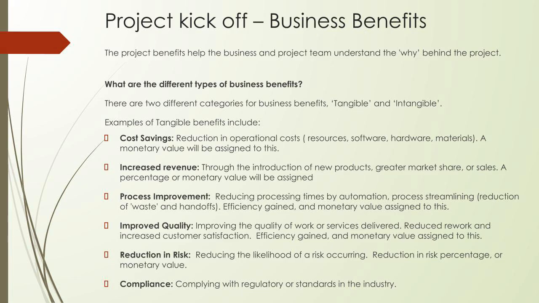Process improvement is very common, as organisations tend to have a lot of waste in their processes. And in Lean, we try to look at how we can remove some of that waste. So in this instance, you would be looking at reducing processing times, either through automation or streamlining how they do their work.